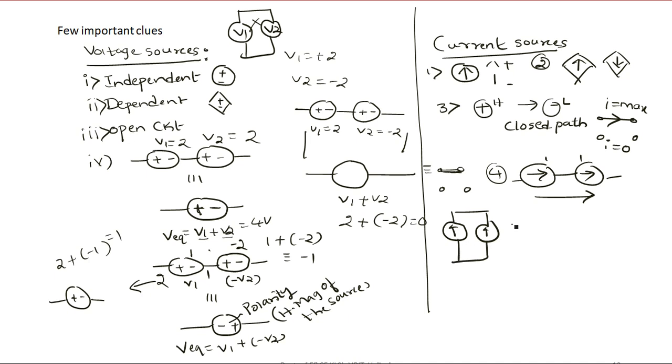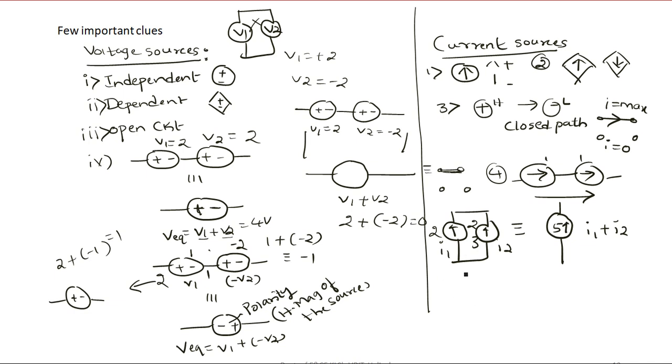So similarly here, what will be the equivalent value now? No doubt, it will be adding up I1 and I2. So equivalent will be I1 plus I2. What about the direction? The same concept here also. If both are the same, if I assume 2 amps and 2 amps, or maybe 3 amps, 2 plus 3, that will be 5 amps. So direction will be the same.